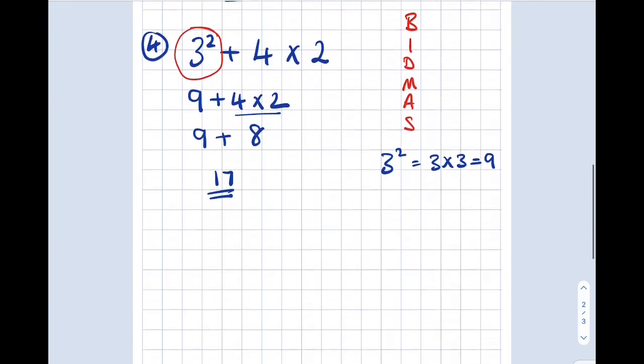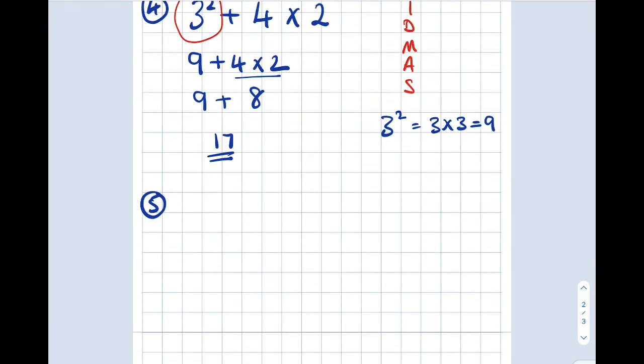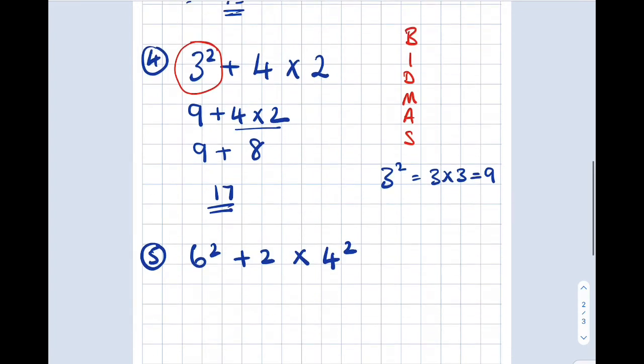Okay, let's just keep going. Let's look at some different scenarios. What about this one then? You've got 6 squared plus 2 times 4 squared. Going back to BIDMAS, there's no brackets, but there are indices.